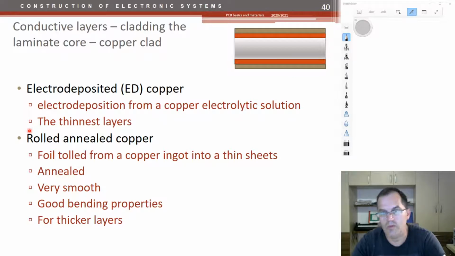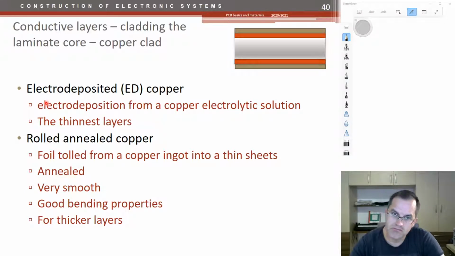So what's the difference? Electrodeposition is made electrically in a solution of copper electrolytes, and you can make the thinnest layers with that. The rolled annealed copper, on the other side, is a foil that is then stuck to the surface.